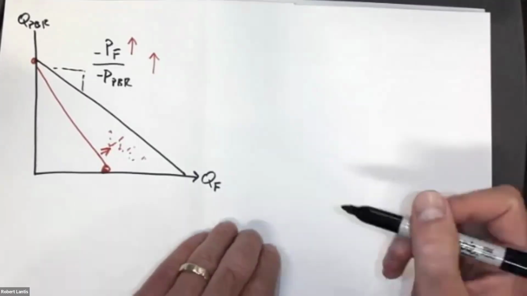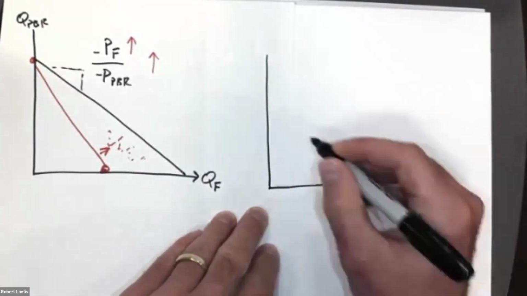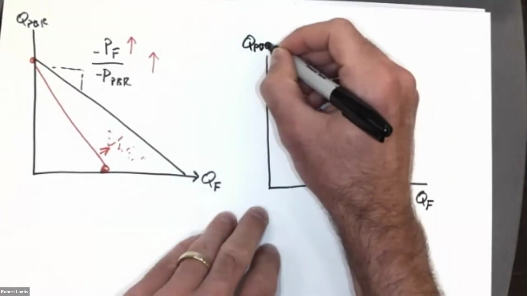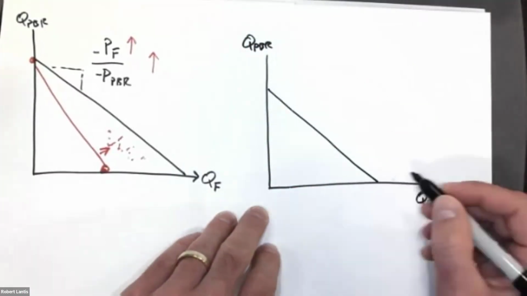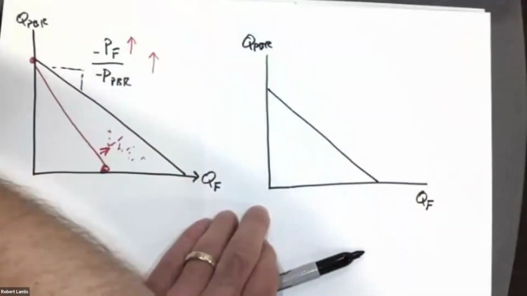Now, we can see the same exact thing if we have a change in the price of the other good. So let's say I had the same kind of setup, but instead now I'll use different colors here.